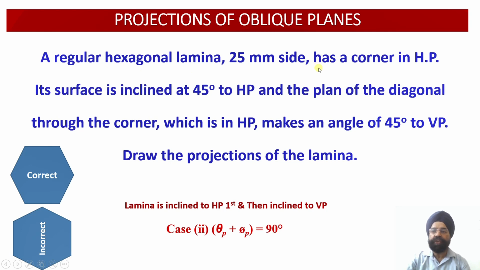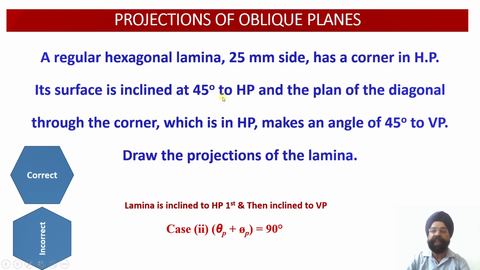Then it has got one corner in the horizontal plane. So since this lamina has got one corner in the horizontal plane, once you tilt it, we are not assuming that this lamina is tilted at 45 degree yet, so this lamina will be contained by the horizontal plane.